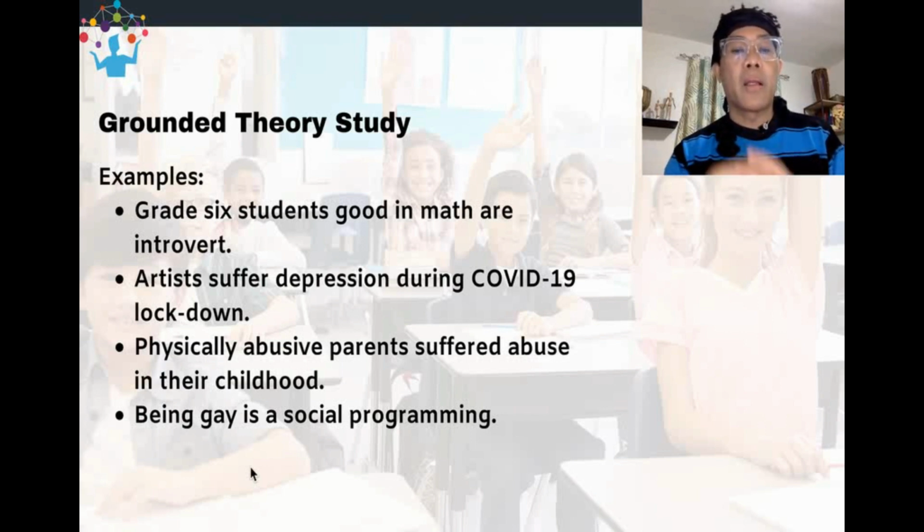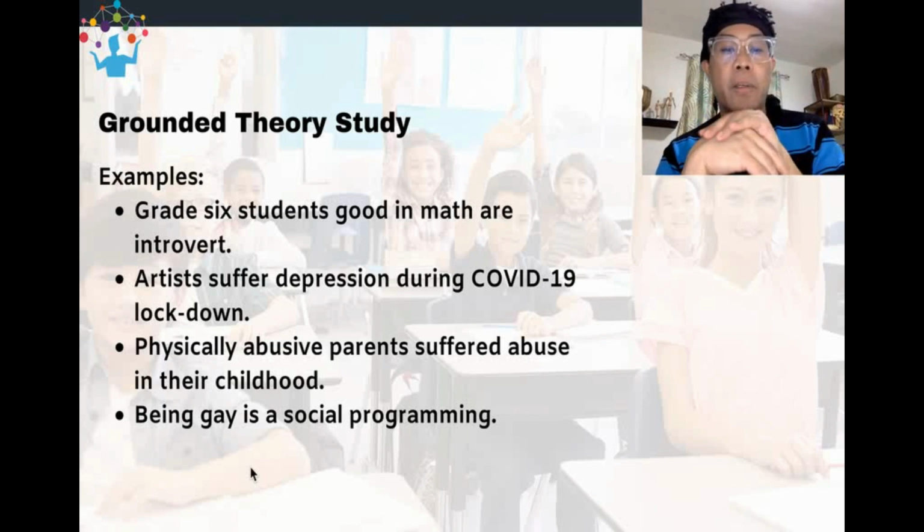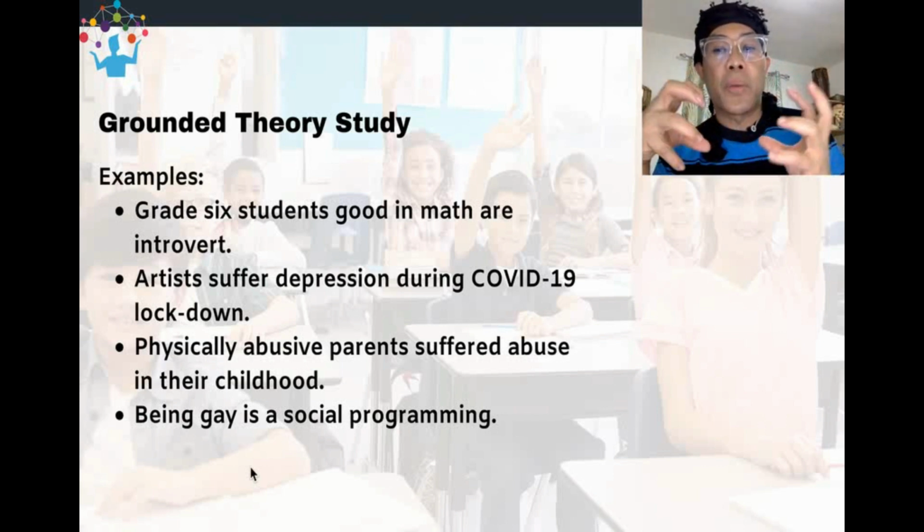And the next one is: artists suffer depression during the COVID-19 lockdown. All right. So you might come up with a better understanding of artists given this kind of situation.